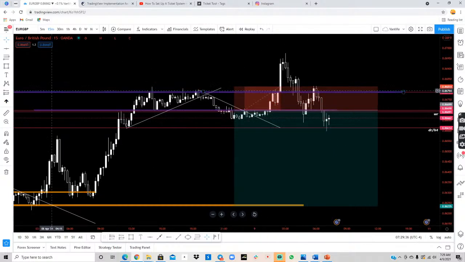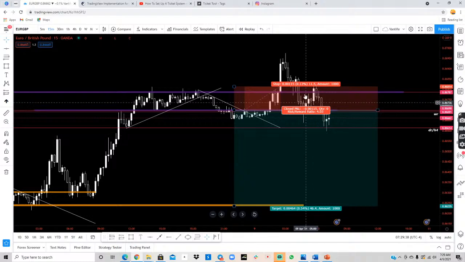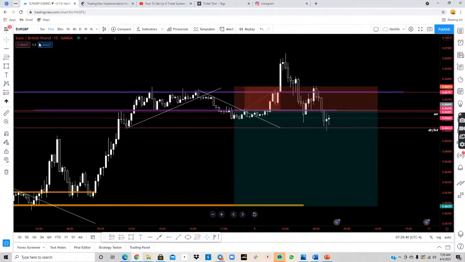All right. So I think this pullback was based on the British pound, because whenever the pound is strong, it will actually push down as it relates to Euro GBP, and when Euro is strong, it will move up.